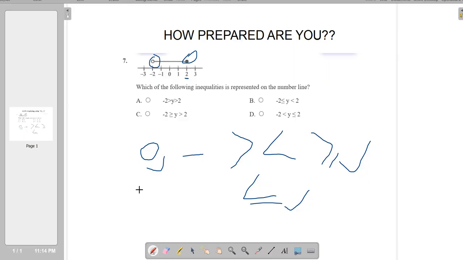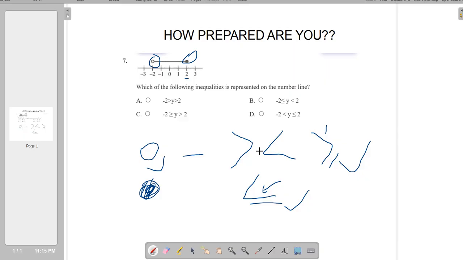When you have a circle and it's shaded, it means that it implicates this sign and that sign. In inequalities, we're dealing with ranges of numbers.